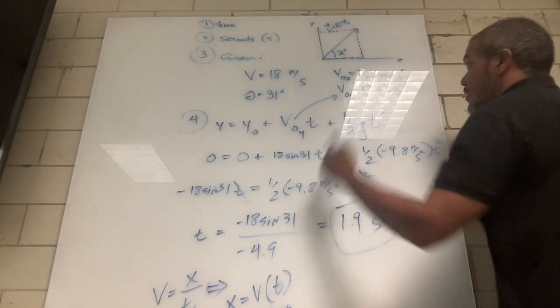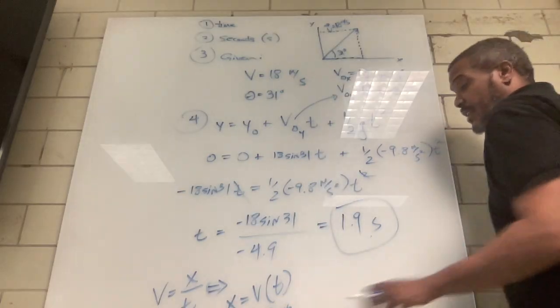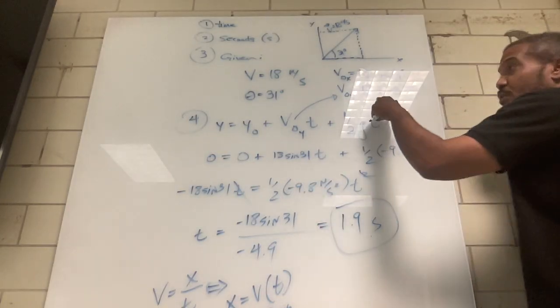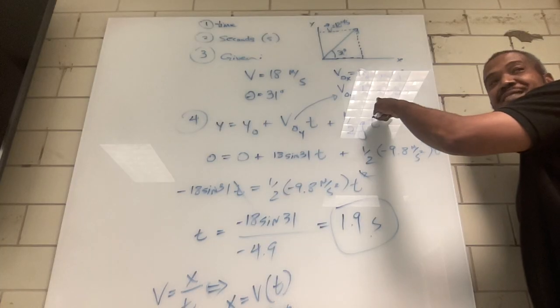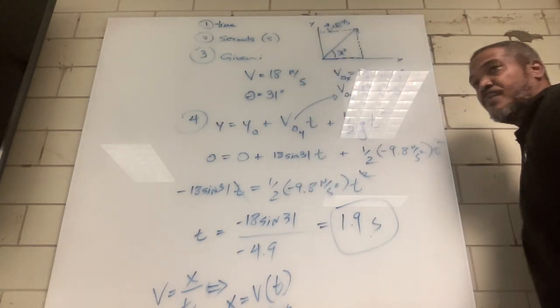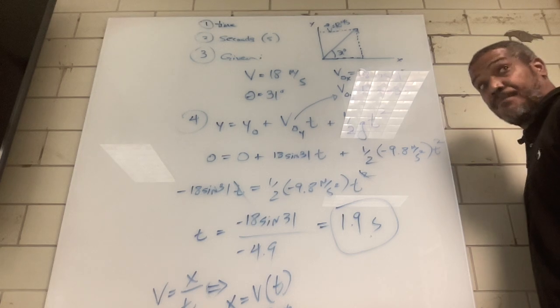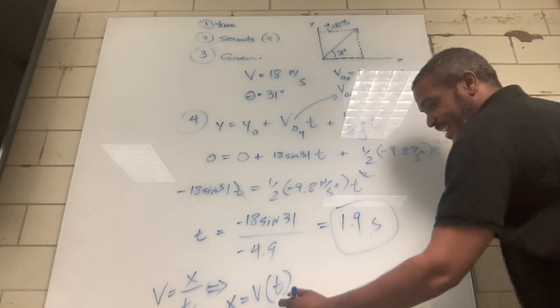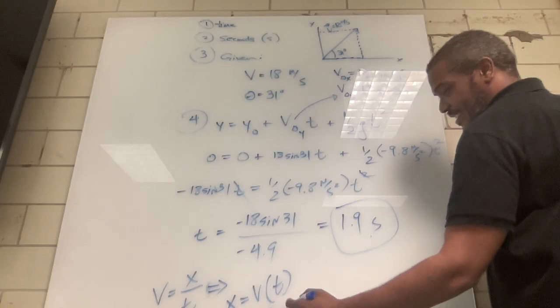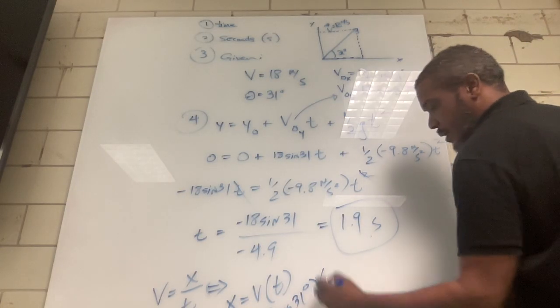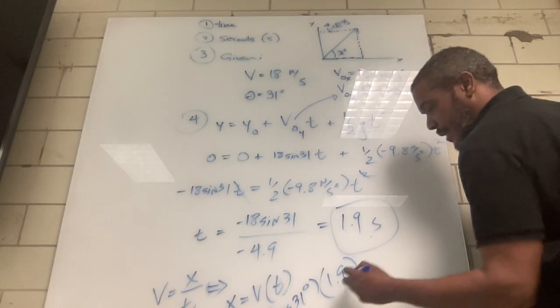So the speed here is the horizontal speed, x. Because here we use this as the vertical speed. Okay, all right, so 18 cosine of 31 degrees times 1.9 seconds.